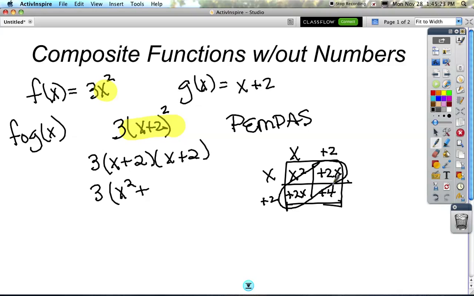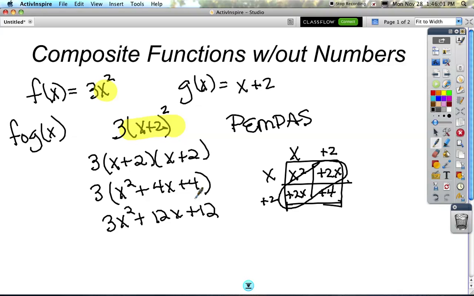What does this combine to? 4x plus 4, and then multiply the 3 out. And it's finally done. That's it. So you're just foiling and then going back and multiplying by the coefficient.